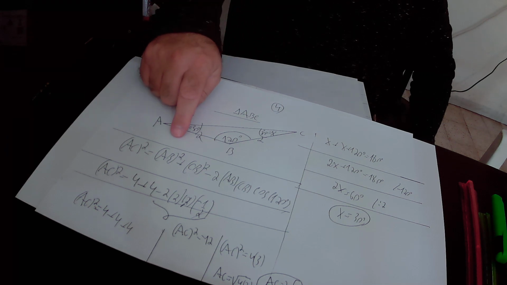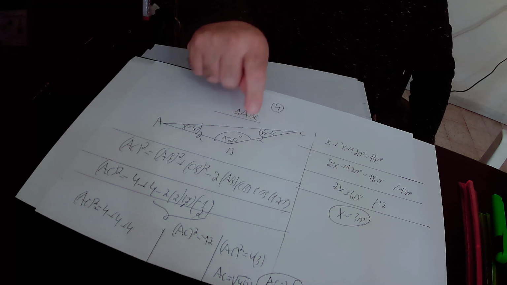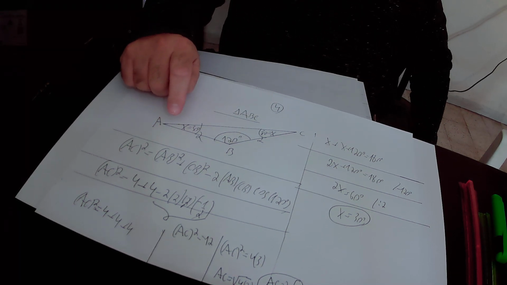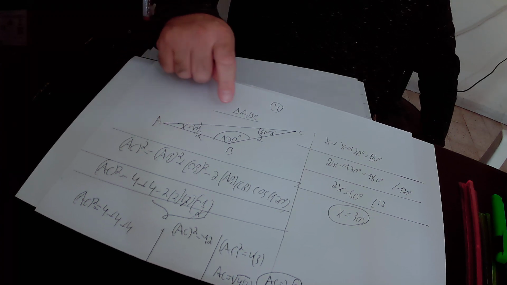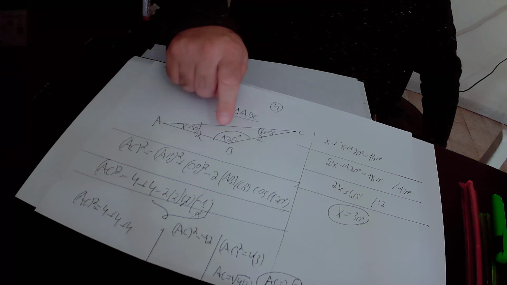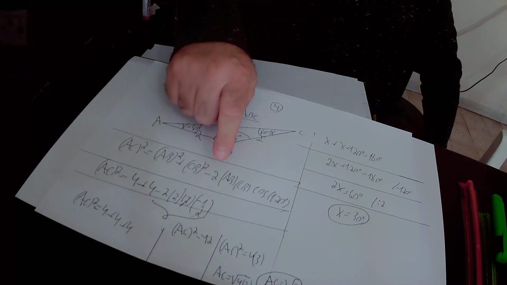AC square equals AB square. AB is 2, so AB square is 2 squared, that is 4, plus CB square. CB is 2, therefore CB square is 2 squared, that is 4, minus 2 times AB is 2, and CB is also 2, and cosine 120 degrees is minus 1/2.